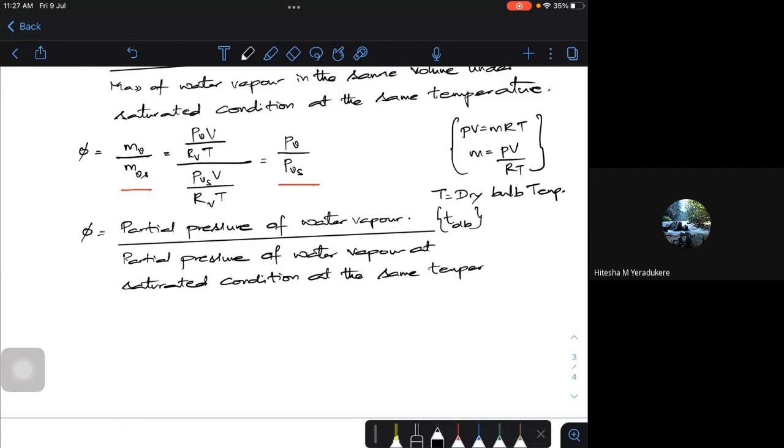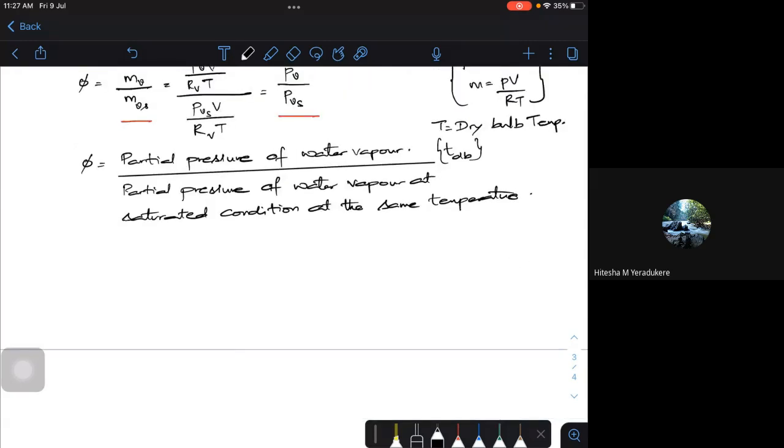And what is that temperature? To be very precise, this is your dry bulb temperature.